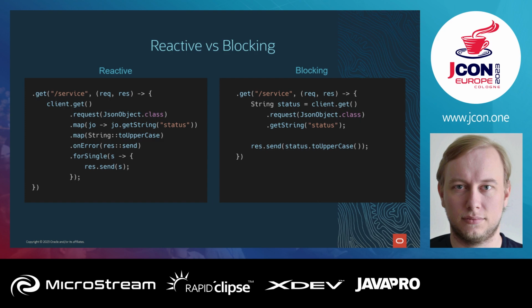Because once this has been performed, the server thread is then returned to the pool to be reused by some other request. And the rest of it, those map operations here, or the error handling, or forSingle here, is actually done by the thread of the client. Because we are not blocking, we are not waiting for the client to complete the call, and that's how reactive works, right?